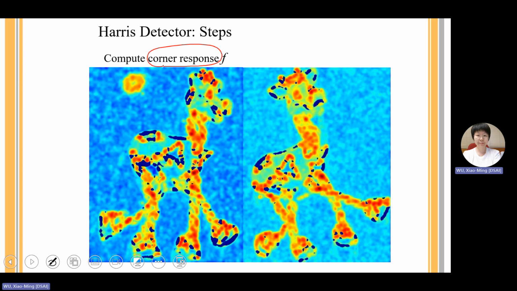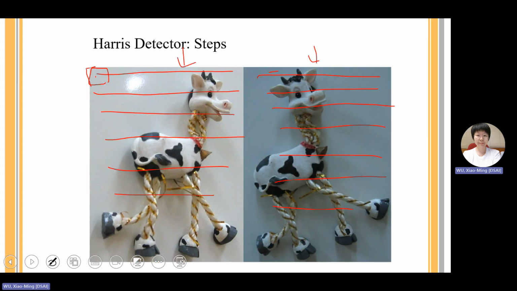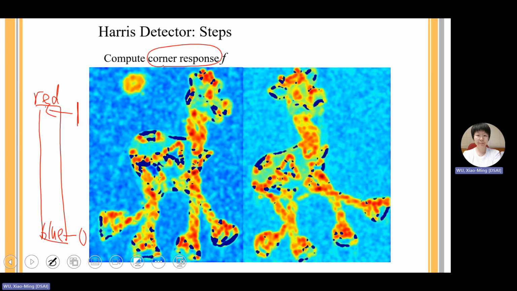If we visualize the response using a heat map, red color means, for example, response 1, and blue color means corner response 0. So if we slide the window across the image, we will obtain a corner response map like this.